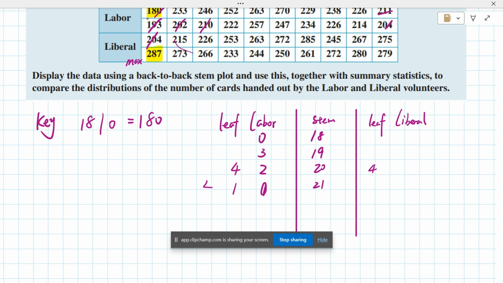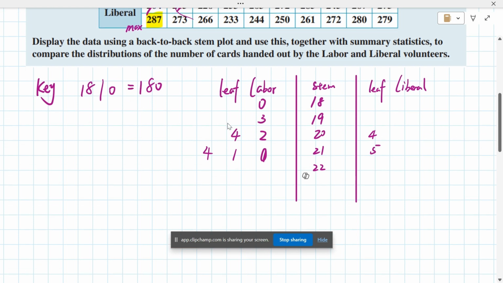Remember you have to order it. So for 215 we have 5, and that's it. So we keep going, 22, and so on. Give me a minute. I'll try to finish all the stem plots, and you can finish by this time as well. So pause it, and you can finish it.